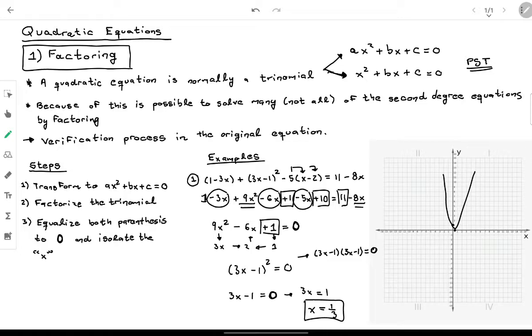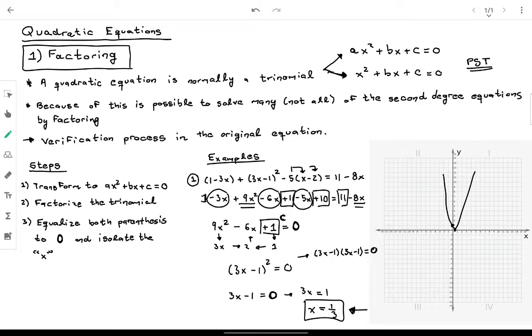It will only touch specifically on this point, and it will cross the y-axis exactly at 1. Because remember, the C is where it crosses the y-axis. The value of x, we haven't seen it before because we hadn't solved the actual roots, but now we are solving it, is where it crosses the x-axis. In this case, it has only one solution because it only touches the x-axis specifically at 1/3.